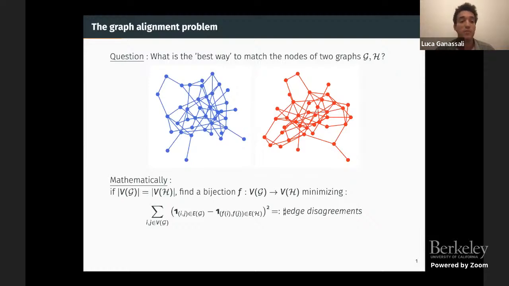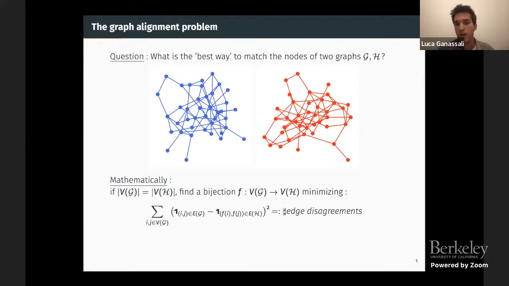If we have the same number of nodes in the graphs, we want to find a bijection that minimizes the following quantity here. You can easily recognize that minimizing this quantity is like looking for a quasi-isomorphism between our graphs. In the case where G and H are isomorphic, this is just the isomorphism problem.